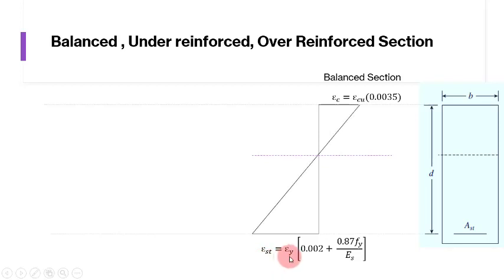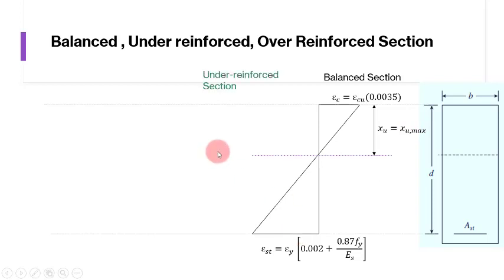The failure of such section is termed as balanced failure and is expected to occur by the simultaneous initiation of crushing of concrete and yielding of steel. Here, the neutral axis depth with respect to a balanced section is equal to the maximum neutral axis depth or limiting depth of neutral axis.